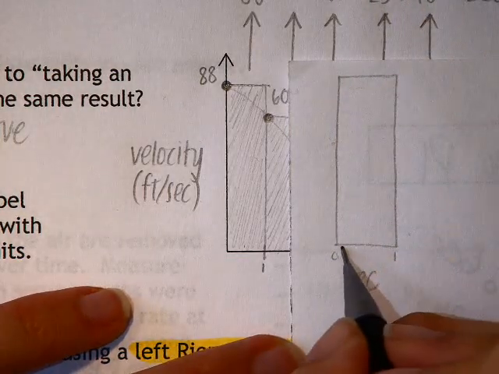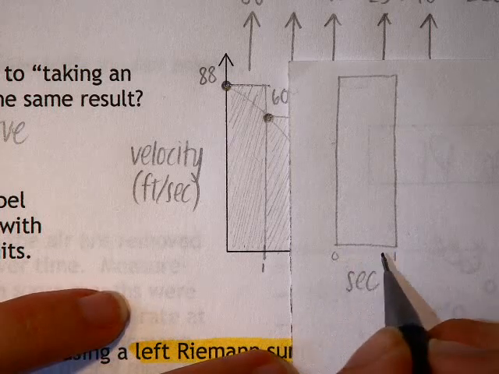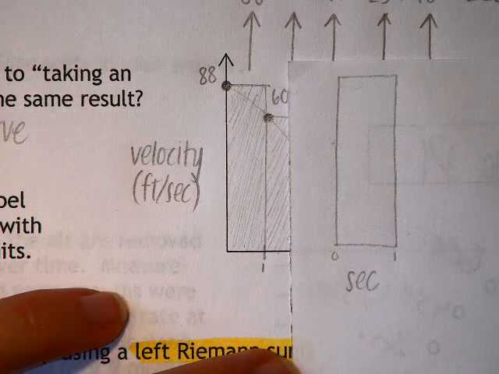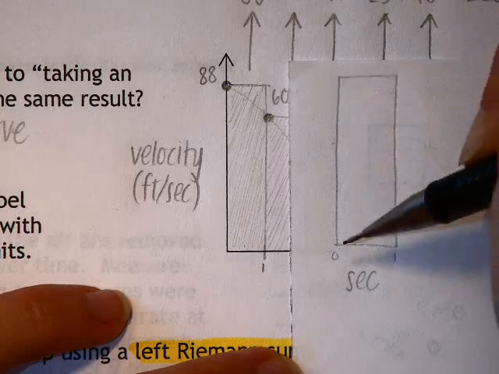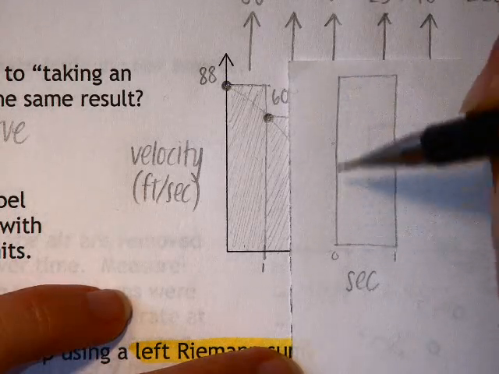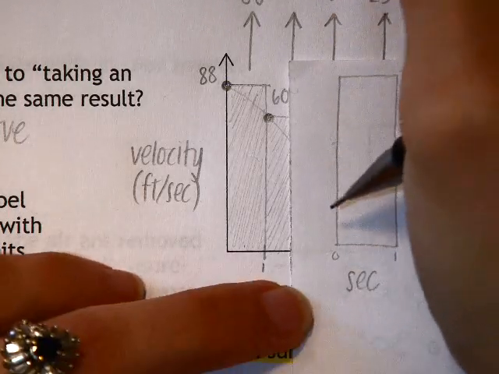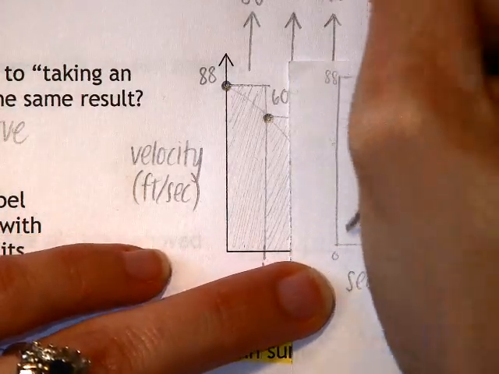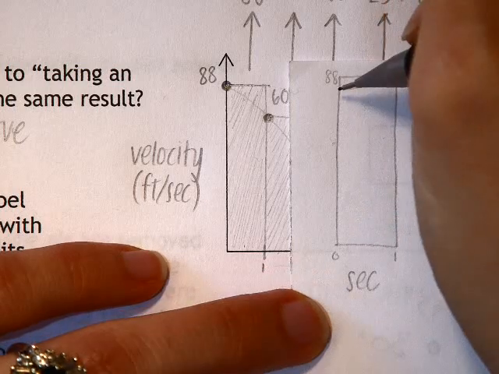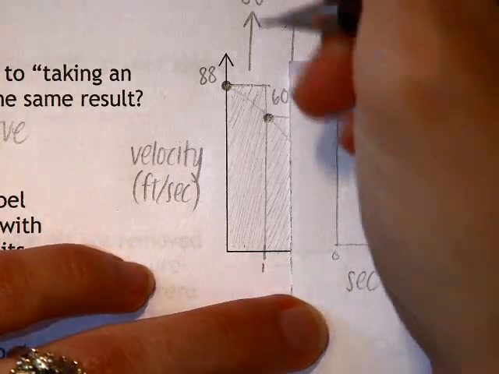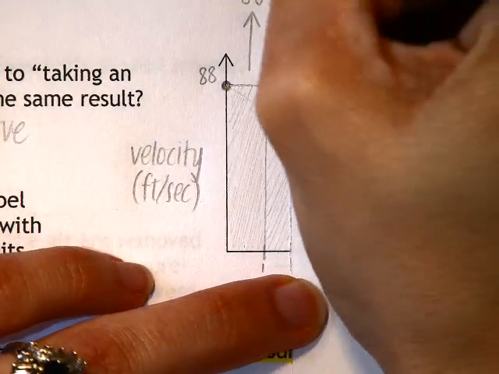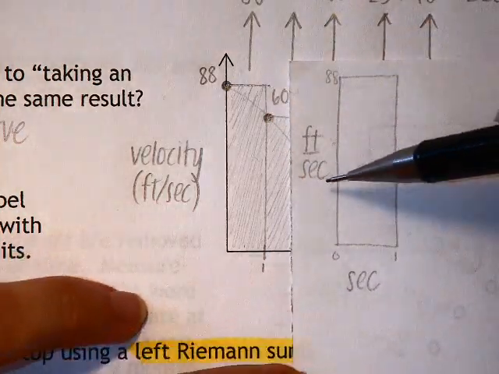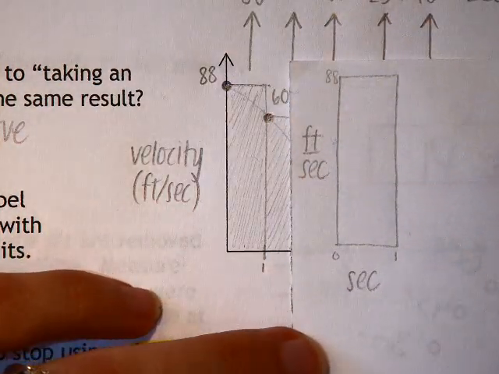So the gap from 0 to 1 is a number of seconds that I was traveling. The y values were velocities, which means when I was finding the height from 0 to 88, that represented an 88 feet per second velocity, which I'll just make a mention of. Its units are feet per second.